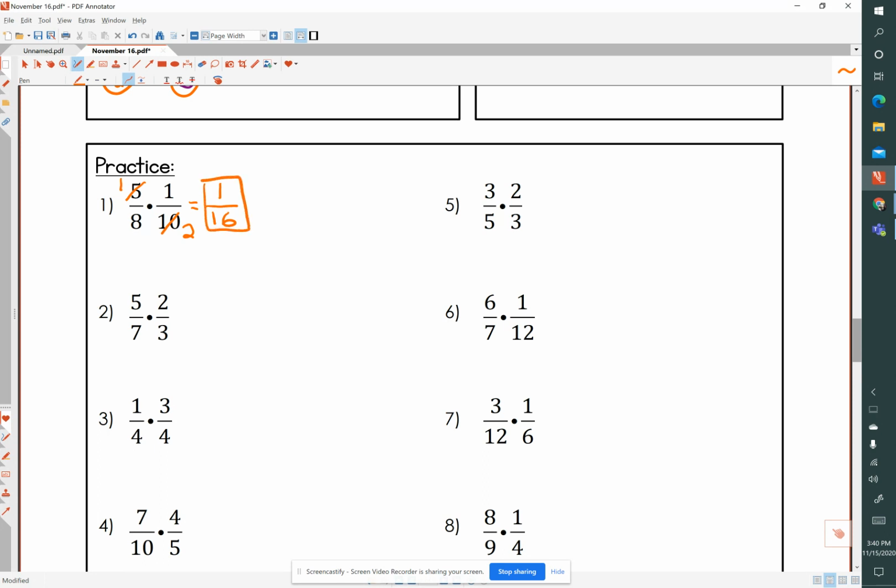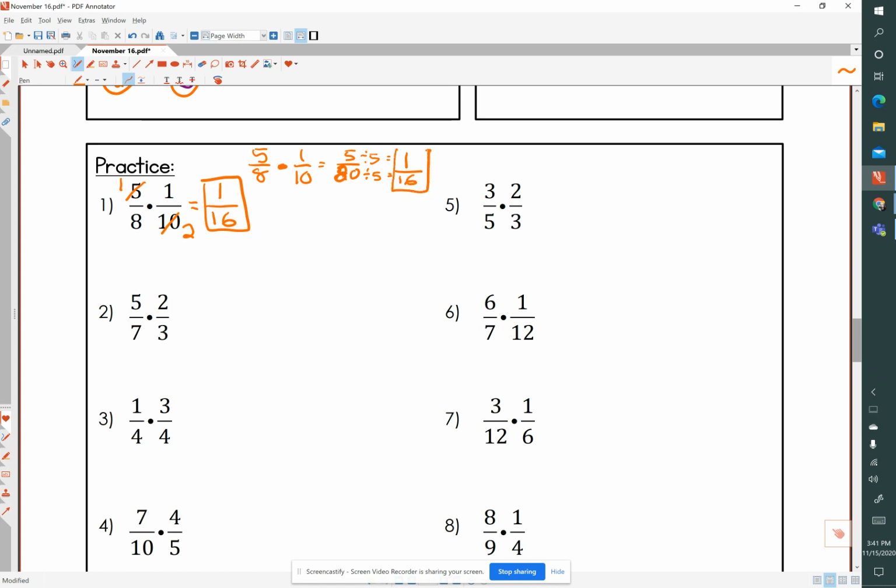Now, if you didn't see that cross simplification, what you would have done is, let's rewrite it over here, 5/8 times 1/10, which would have given you 5 over 80. Oh, that should be 80, sorry. 8 times 10 is 80, and 5 divided by 5 is 1, and 80 divided by 5 is 16.